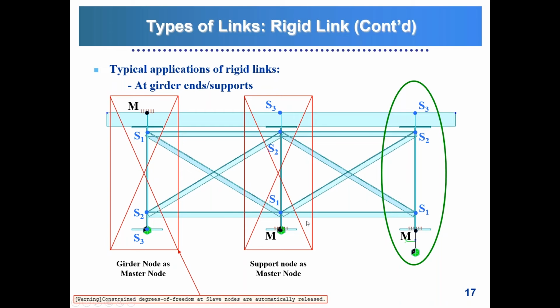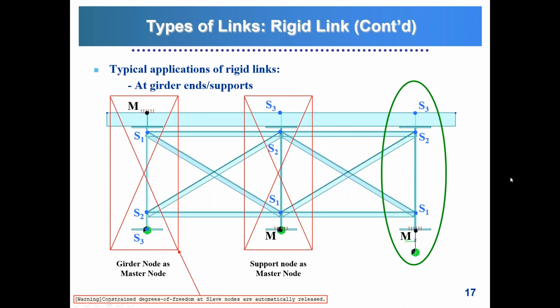The second case is a similar configuration, but the support node gets assigned as the master node. Now, this one is a little bit trickier to catch because the model is still stable, and it's going to run, and unless you know it's not correct, you won't be able to see it right away.